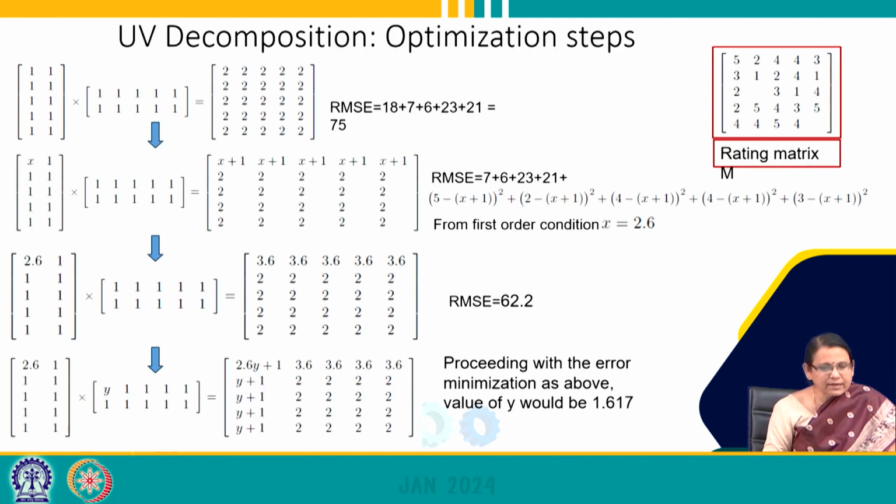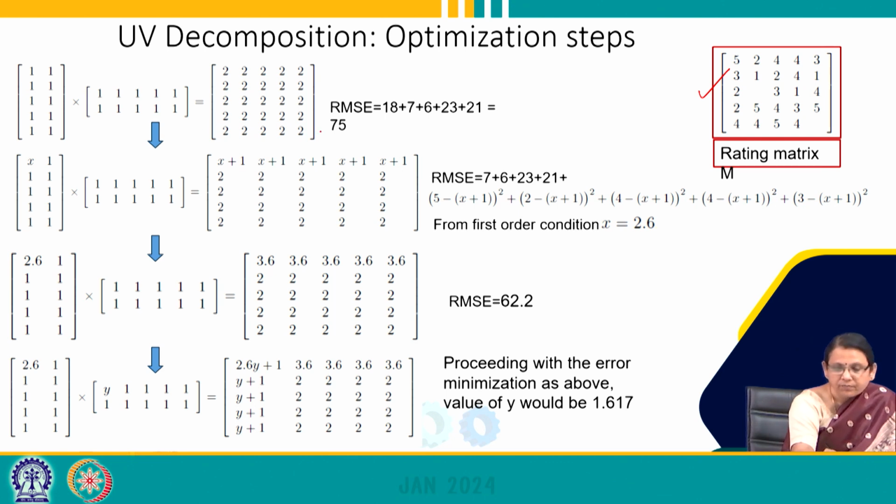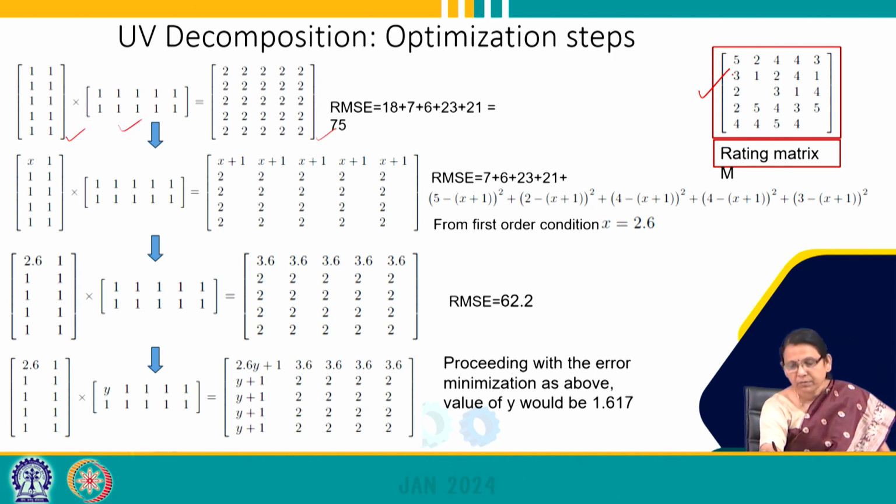So, when the resulting matrix is this one, what do we do next? This is the resulting matrix. This is your original rating matrix, and as I told you, you randomized it with these ones and you got this 2, and you subtracted element wise: 5 minus 2, then 2 minus 2, then 4 minus 2, then 4 minus 2 again, then 3 minus 2.